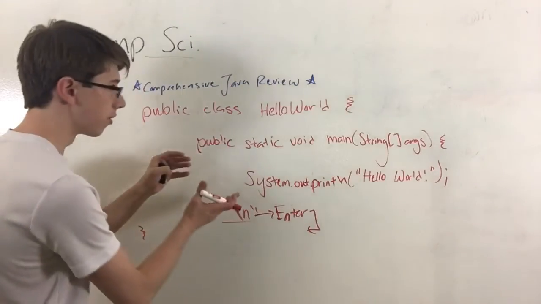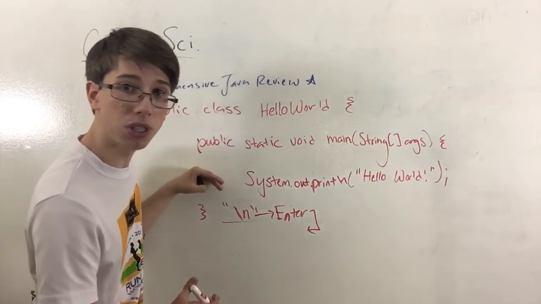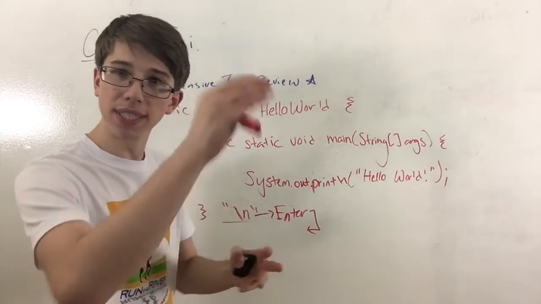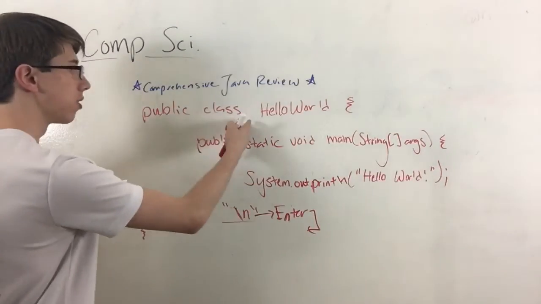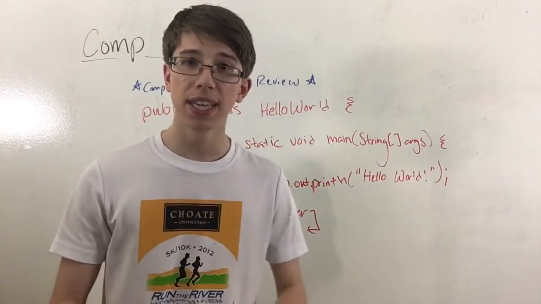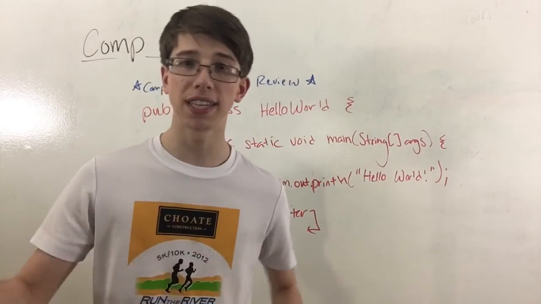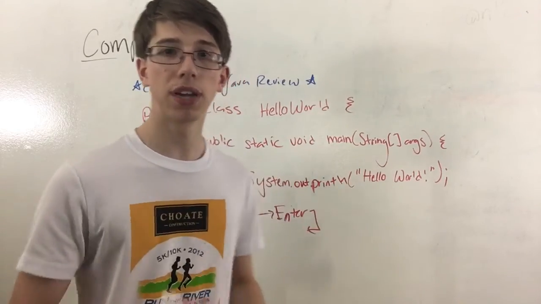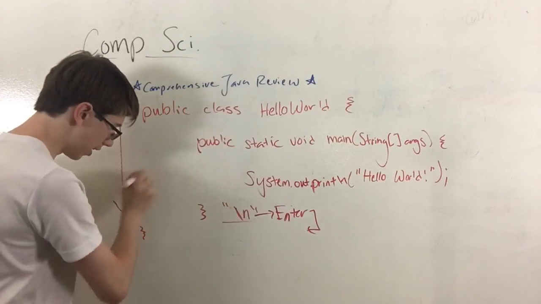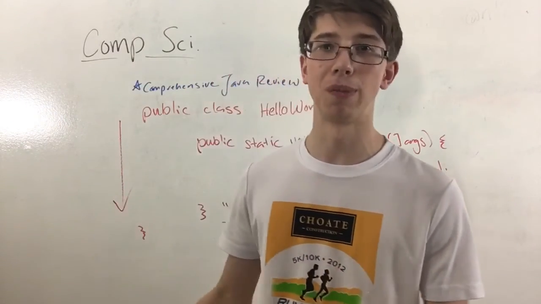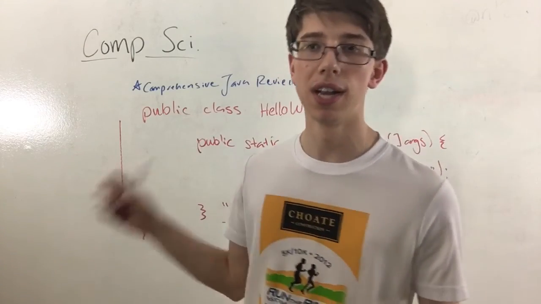So there are the statements that perform the function, there are the methods that hold those statements and run them in sequence, and then there are the class files that run the methods in sequence. Okay. And so Java is in fact a sequential language. It runs everything in order like this in what we call a control flow, and we'll talk more about how to manipulate that control flow in later videos.